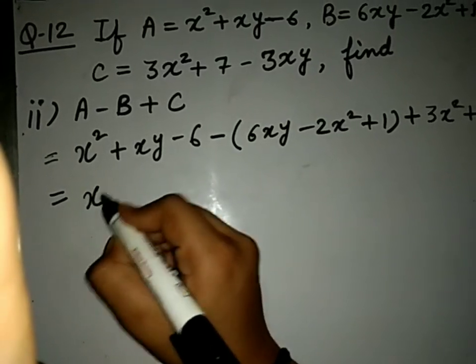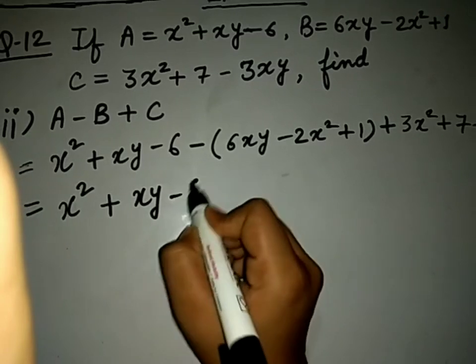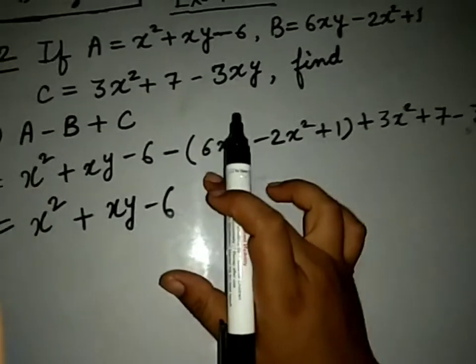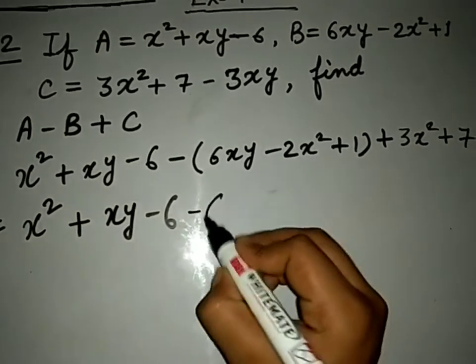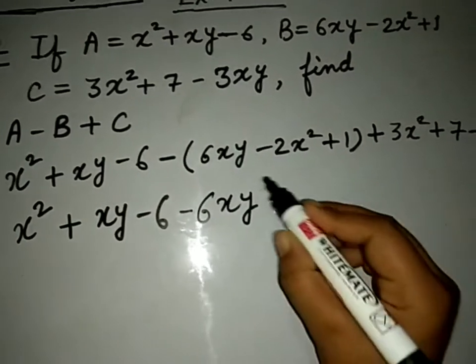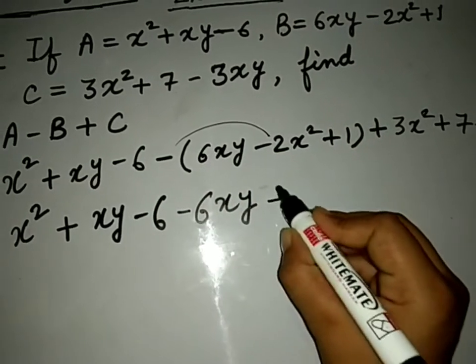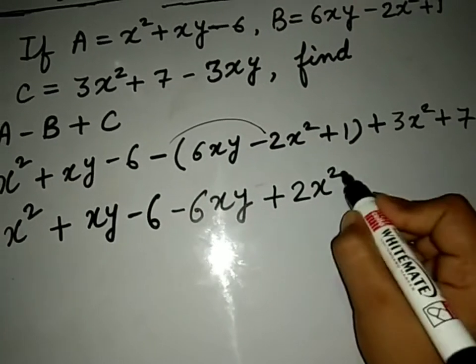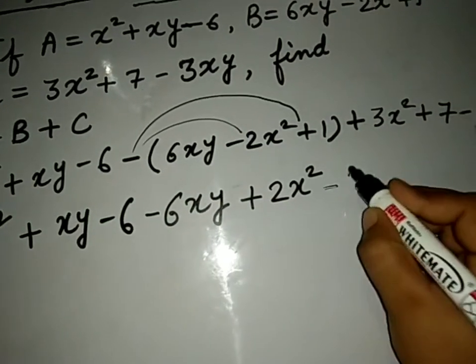x square plus xy minus 6. Then now we have to remove this bracket. So this is minus 6xy, and minus minus becomes plus 2x square, and minus plus becomes minus 1.